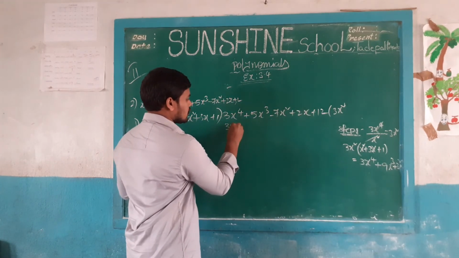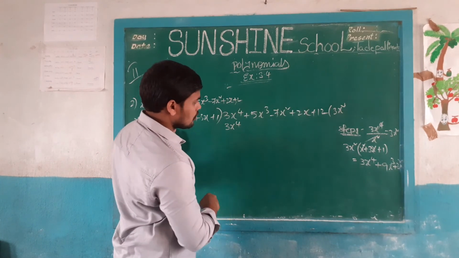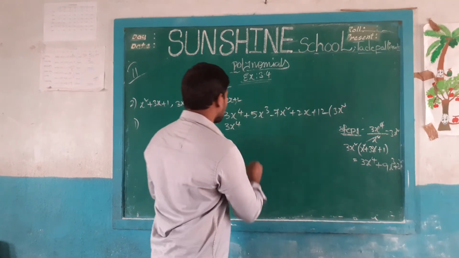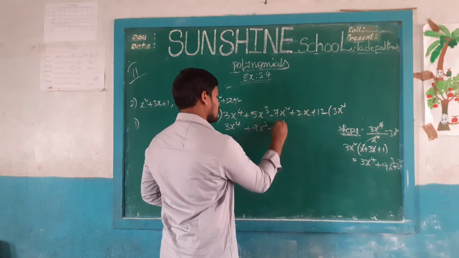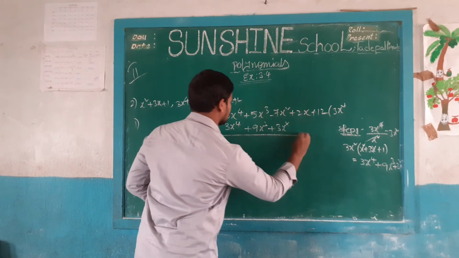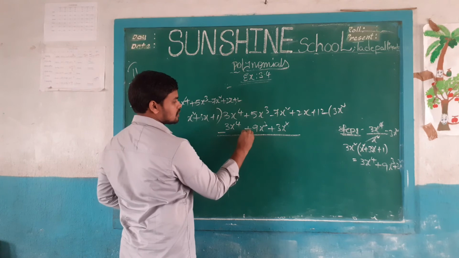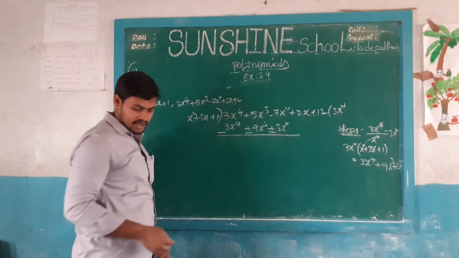So 3x power 4 plus 9x cube plus 3x square. Plus turns to minus, plus turns to minus, plus turns to minus.